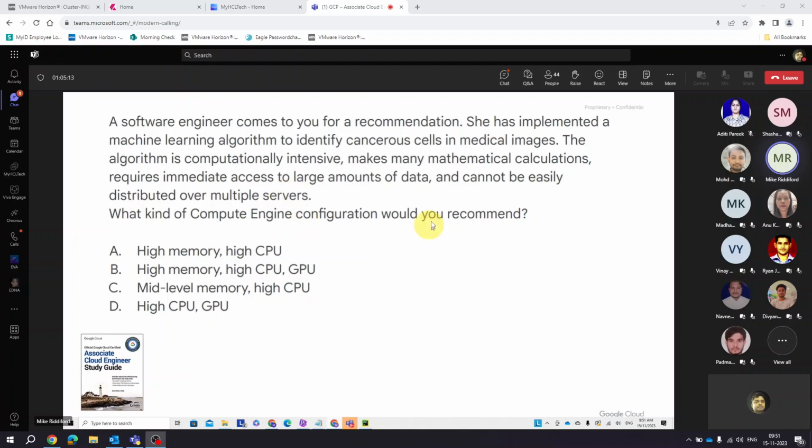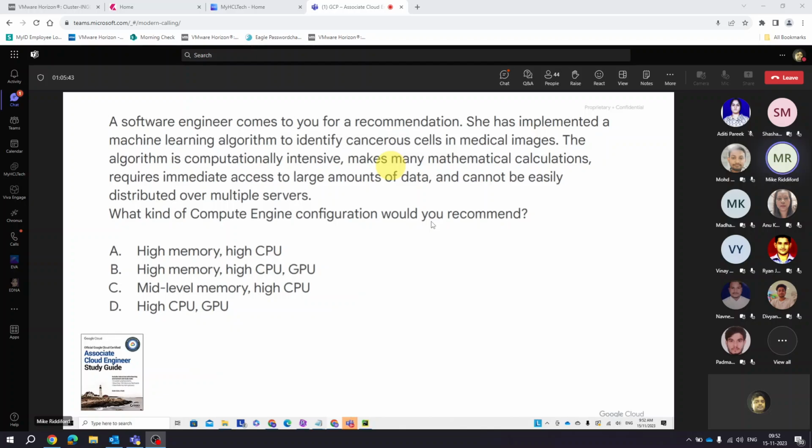So what sort of configuration should we recommend? This is quite a demanding application. What sort of Compute Engine configuration would we recommend? A, B, C, or D.